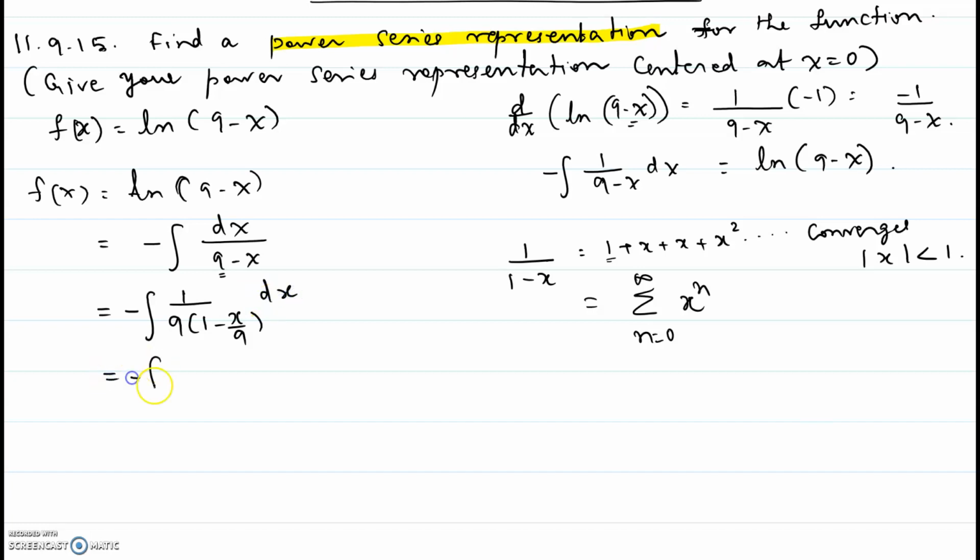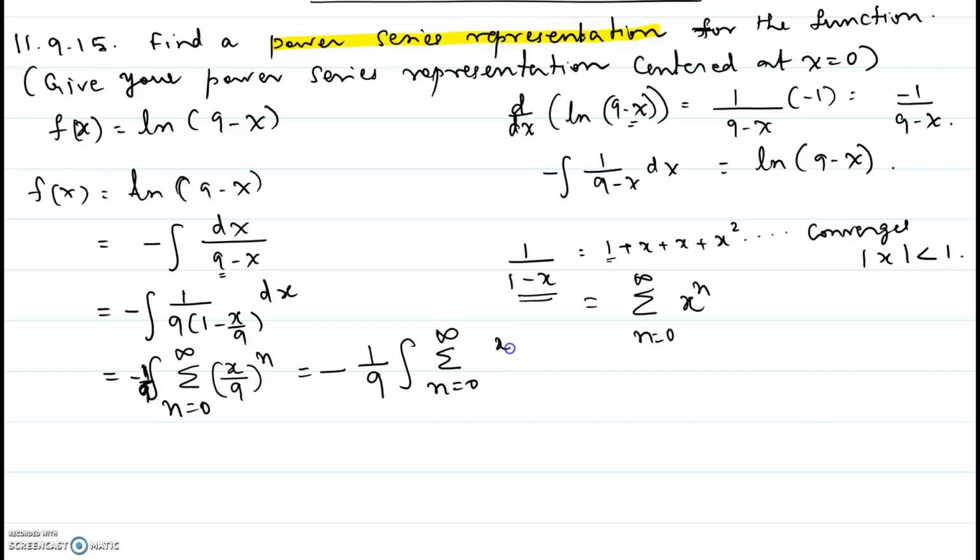So inside the integral, you can remove the 1 over 9, then write 1 over 1 minus x over 9, which looks like this with x replaced by x over 9, as a geometric series: sigma of (x over 9) to the power n, n varying from 0 through infinity. So we are writing this as a power series representation inside the integral sign.